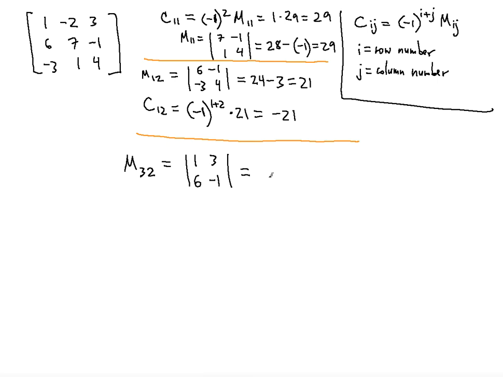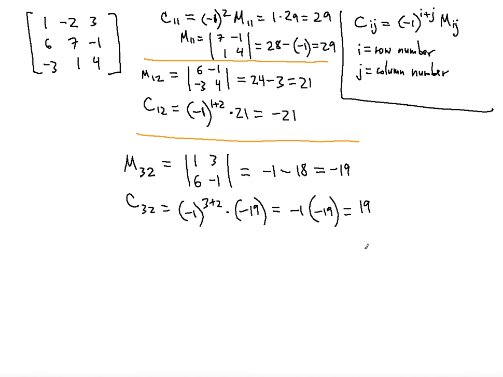That's going to be negative 1, product, minus the product of these, minus 18, so that's negative 19. So C32 is going to be negative 1 to the power of 3 plus 2 times negative 19. And that's going to be negative 1 times negative 19, which gives you 19.